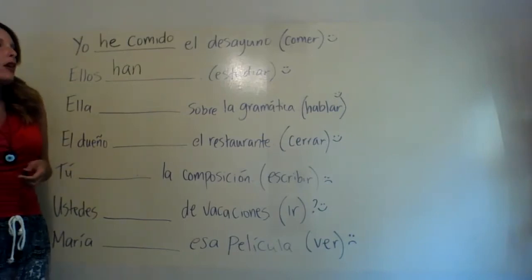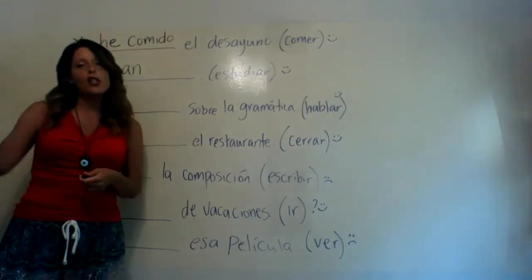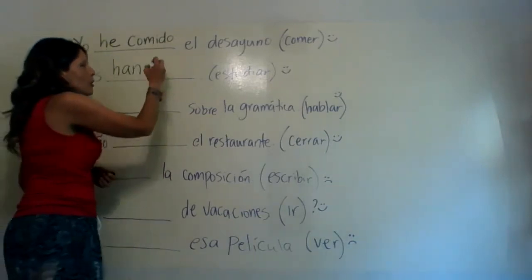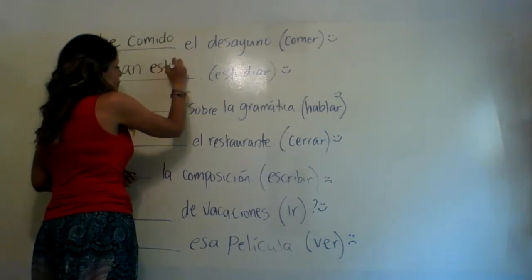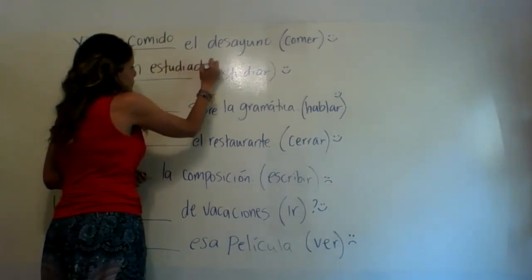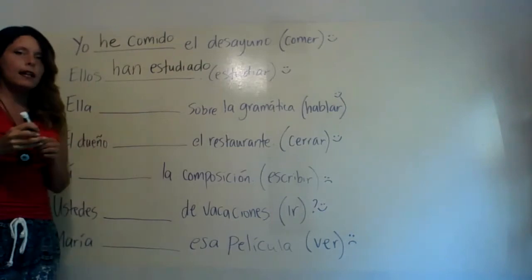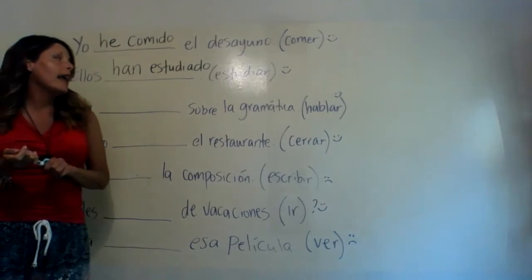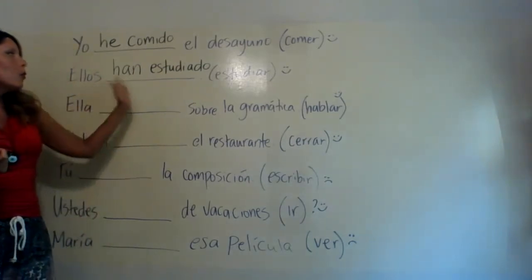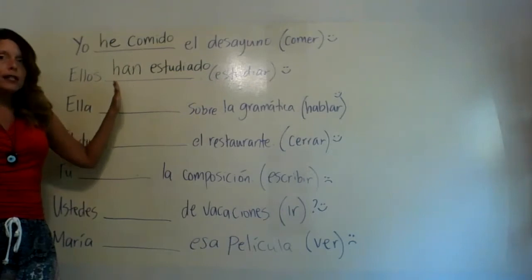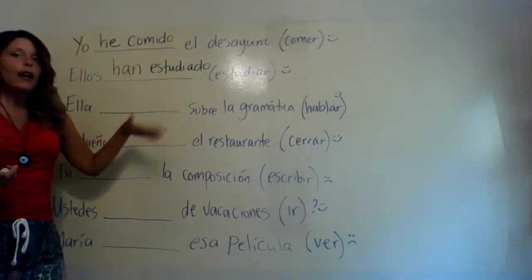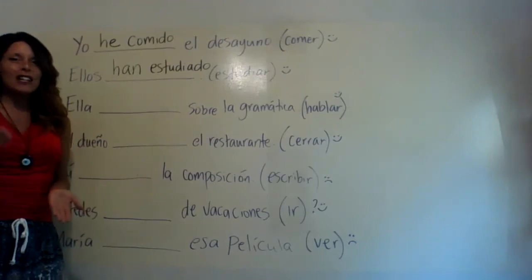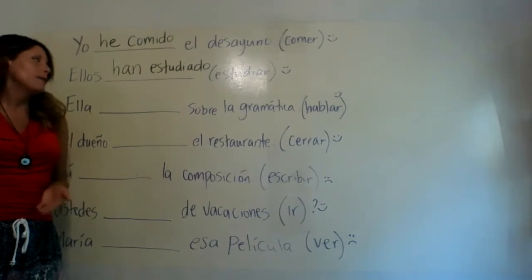And then the participle of estudiar, since it's an AR verb, we chop off the AR and add ado, and that will be our appropriate participle. So my participle is estudiado, E-S-T-U-D-I-A-D-O, and my whole present perfect formation for this sentence is han estudiado, and the whole sentence being, ellos han estudiado. They have studied.